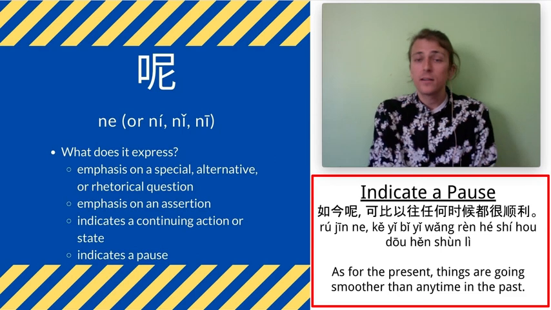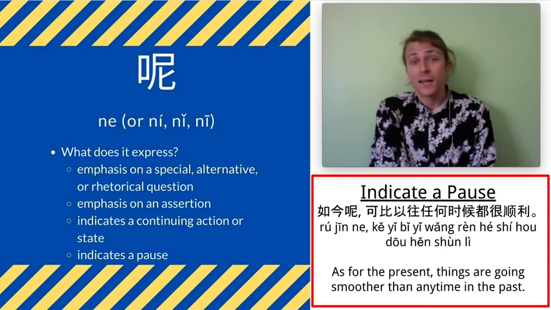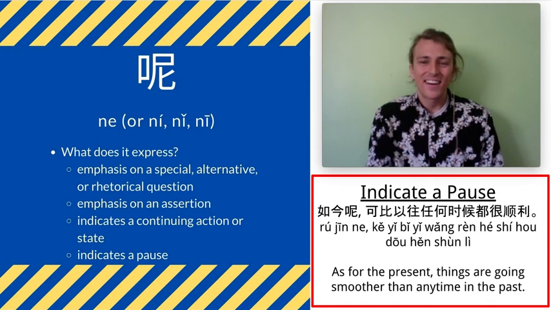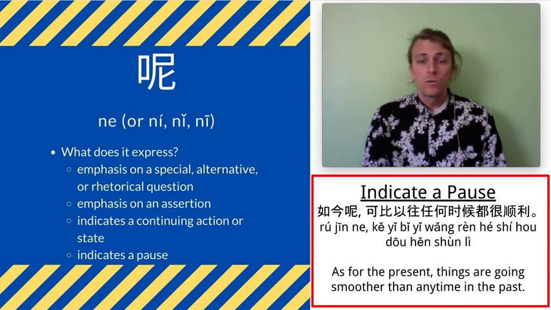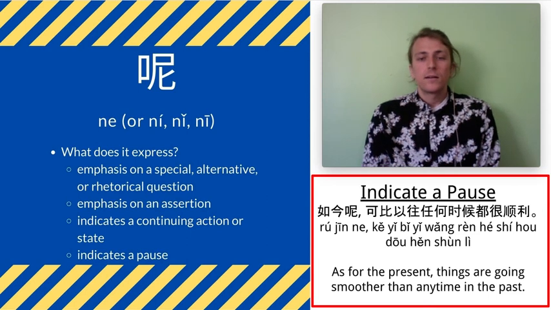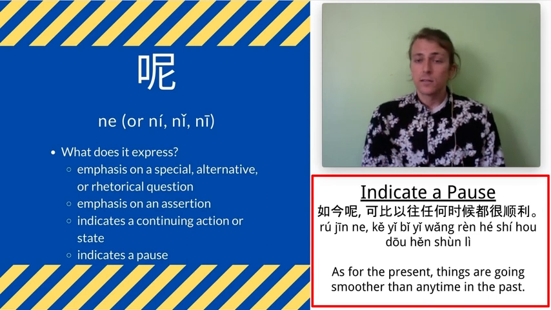Okay, and ne can also be used to indicate a pause, just like a, ma, and the other ma. So in this example, we have a bit more of a formal example, using kind of more formal Chinese. So 如今呢可以比以往任何时候都很顺利.